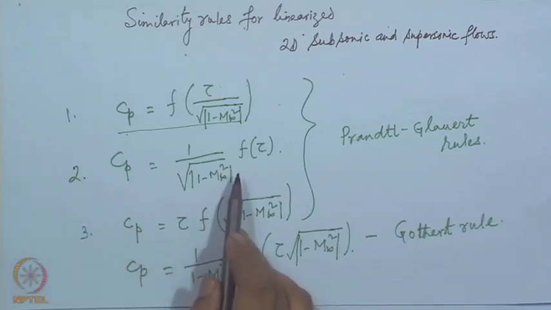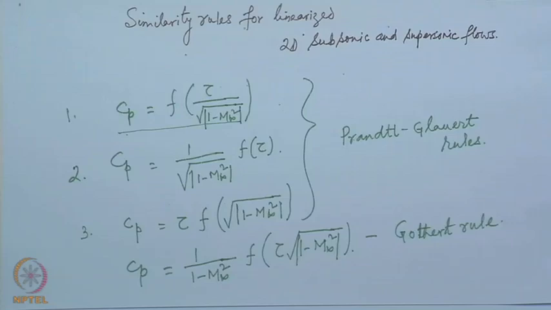So, you see that if we have a particular airfoil, let us say a 4 digit symmetric section NACA 0012, we know its pressure coefficient at, say, an incompressible flow, which corresponds to Mach number 0. Then for the same airfoil at a different Mach number, the pressure coefficient is obtained simply by multiplying that incompressible flow pressure coefficient by the factor 1 minus M infinity square to the power minus half.